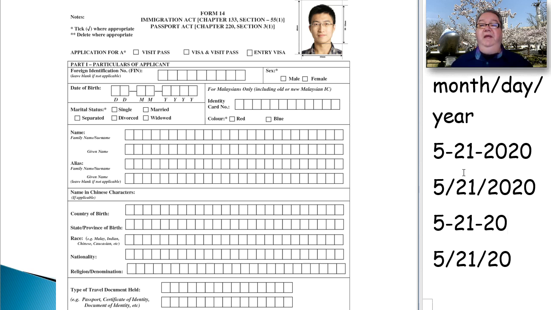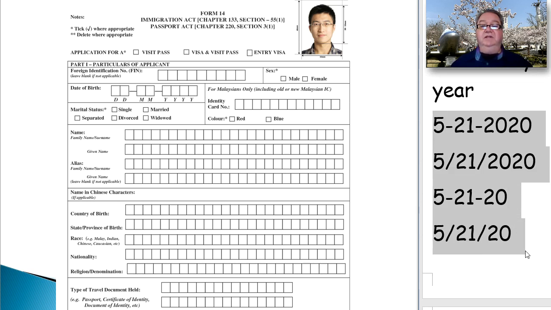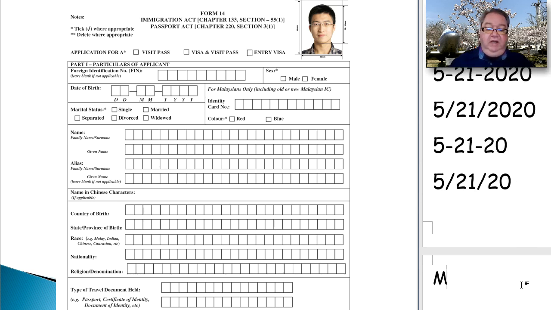If we're writing it in numbers, that would be the most common way to write it in the US. If I'm writing words, I would write May 21, comma, 2020. Okay.